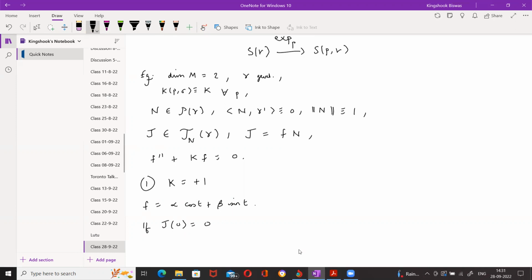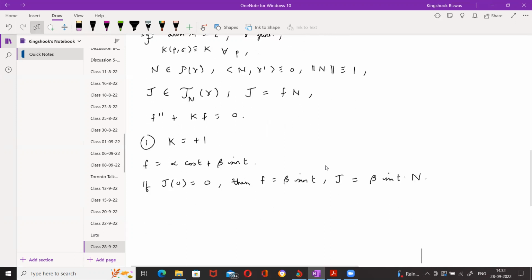So if J0 is 0, then alpha must be 0, and so F is just a constant times sine t. So J is equal to constant sine t into the normal vector.